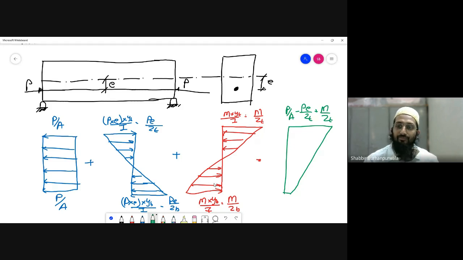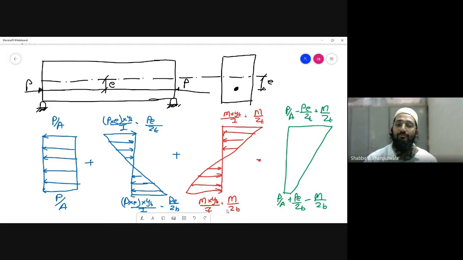Okay, so over here this is P by A, then compression plus compression for the pre-stressing part, so plus P e by Zb, and then tension at the external loading. So because of the external loading there is going to be tension, so minus M by Zb.